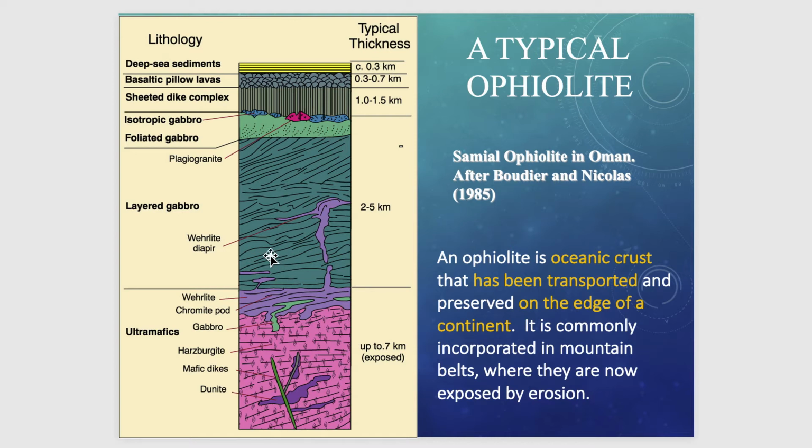So we have layered gabbros, foliated gabbros, and isotropic gabbros, and this will depend on which level in the magmatic chamber they are formed, and also there are cases of relatively felsic intrusives found as outliers in this context. One example are these plagiogranites.